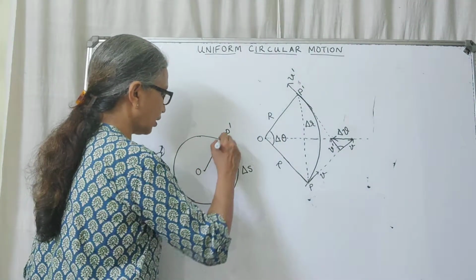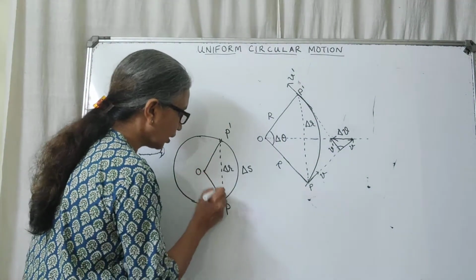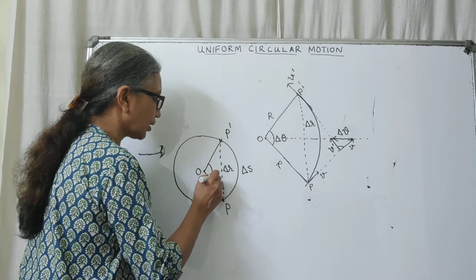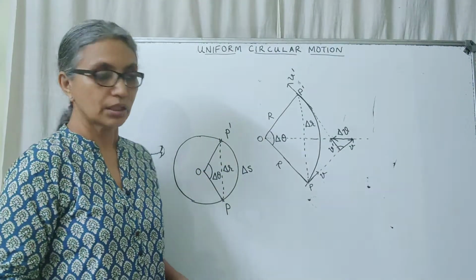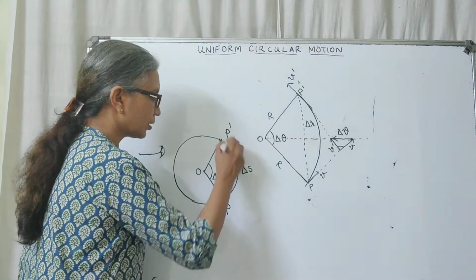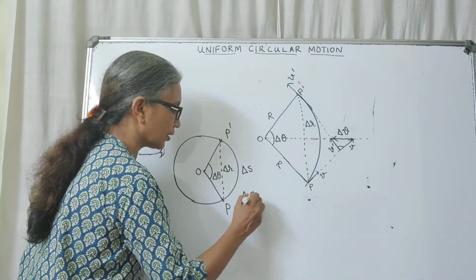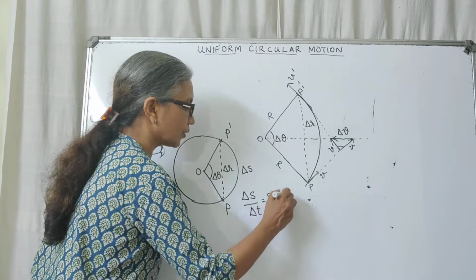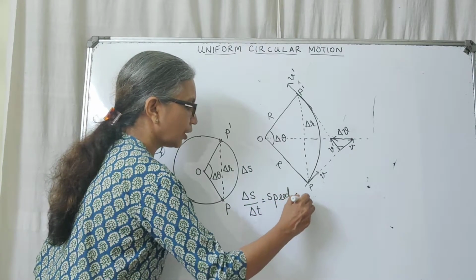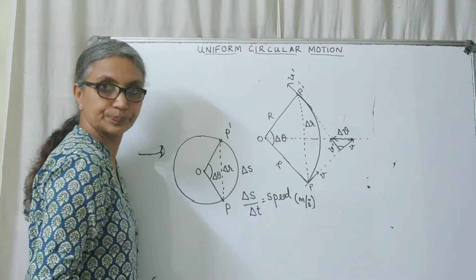And if you look at the angle covered, the angle covered in that time interval is what I would call as delta theta. So here, this distance covered, that is delta S by delta t, we already know is called the speed of the particle given in meter per second.